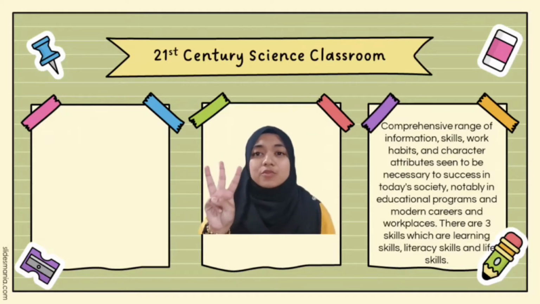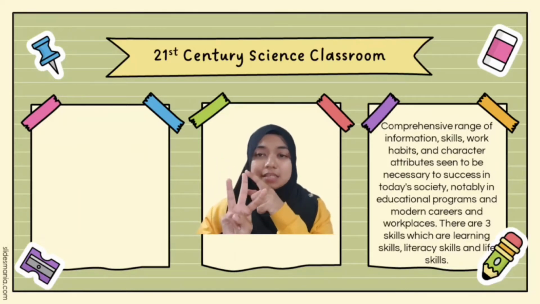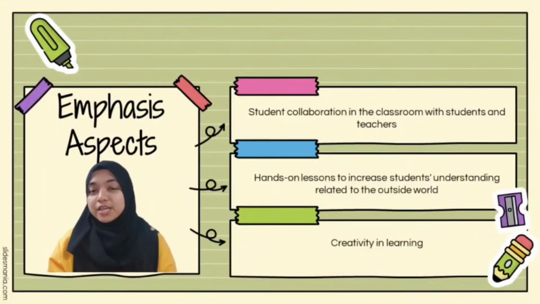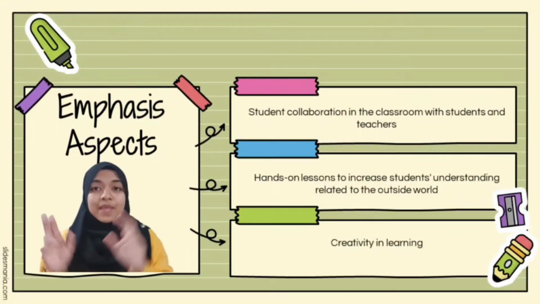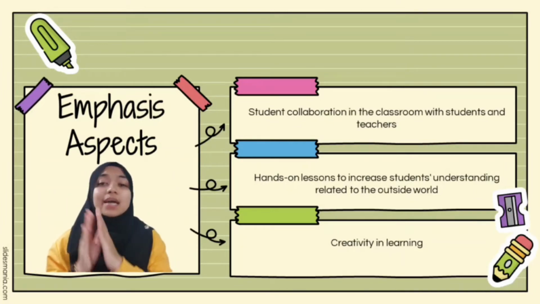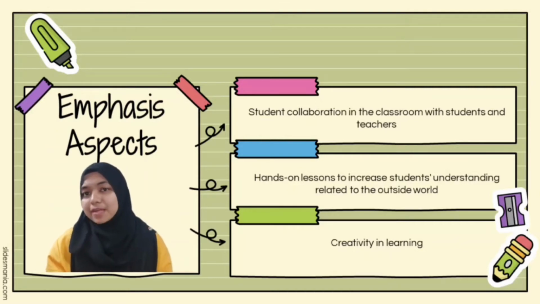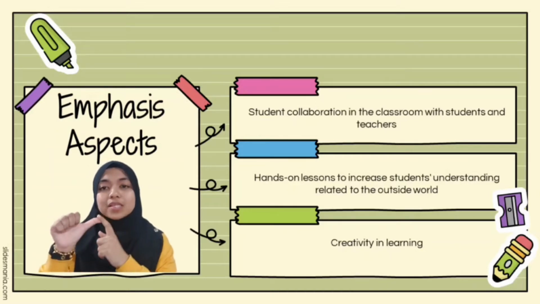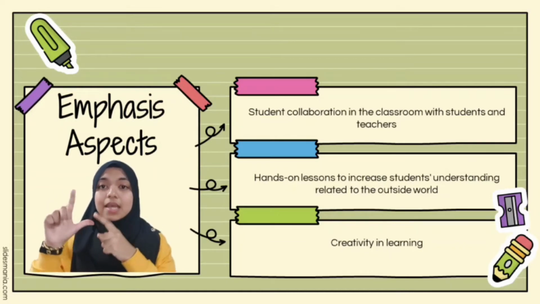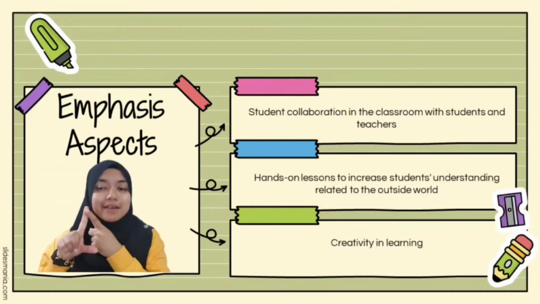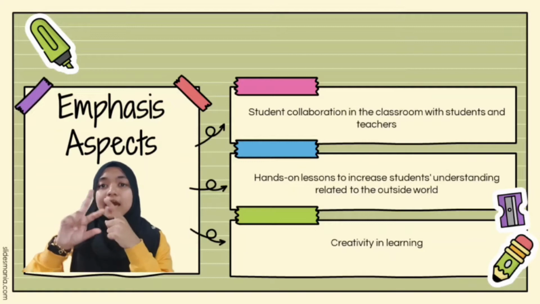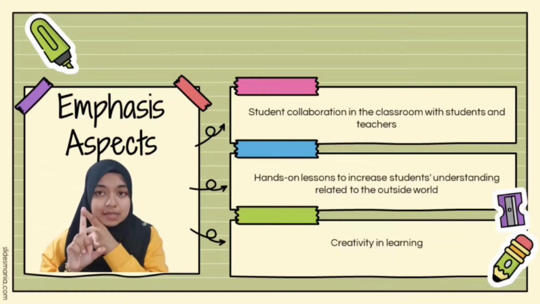There are 3 skills, which are learning skills, literacy skills, and life skills. For your information, the 21st Century Classroom emphasizes several important aspects that are practiced in the classroom. Emphasized aspects are students' collaboration in the classroom with students and teachers, hands-on lessons to increase student understanding related to the outside world, and creativity in learning.